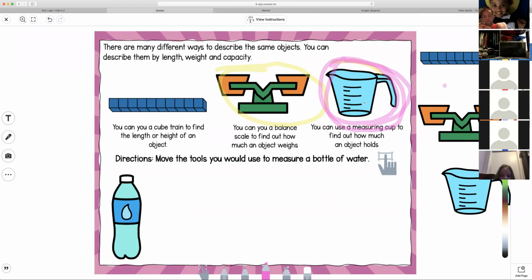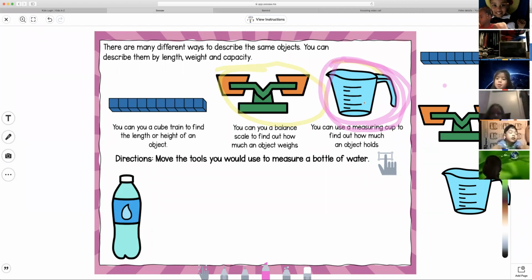Okay, so a measuring cup tells us how much an object holds. For example, we can put milk or water in it when we want to make something. It tells us how much we need by measuring it, okay? Now look here, boys and girls, what do I have here? Let me move you guys up here.